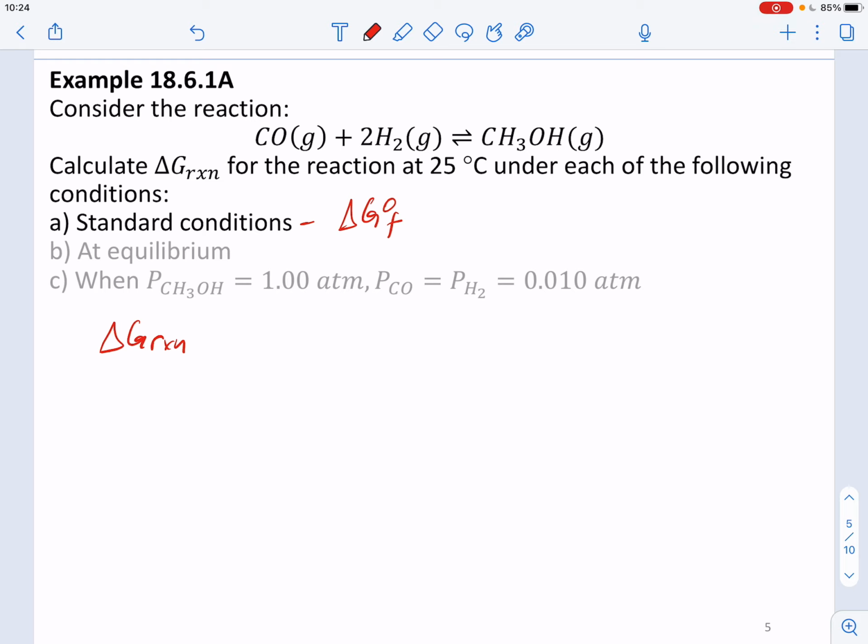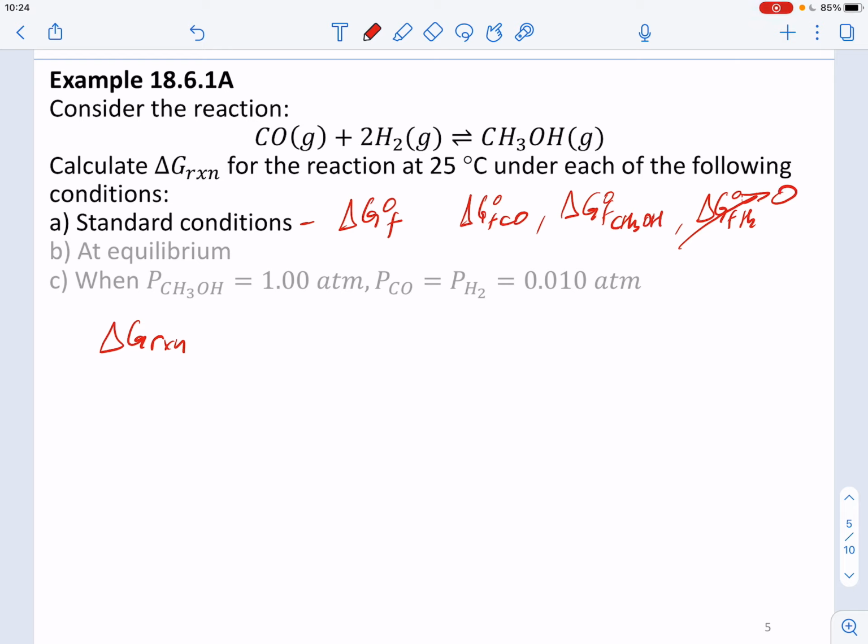Okay, so which means you need delta G of formation for carbon monoxide, you need delta G of formation for methanol, and technically you need delta G of formation for hydrogen, right? But hydrogen is an element, so this is equal to 0.